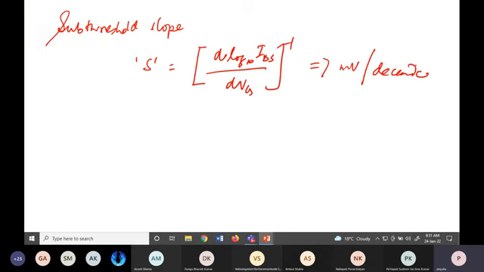If you look carefully, this is nothing but KT over Q times M ln 10.